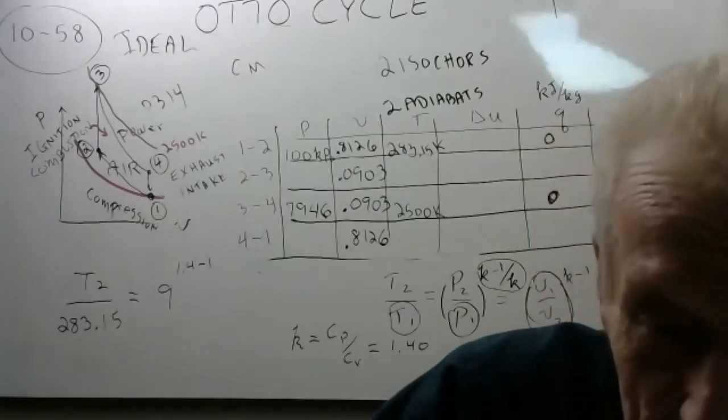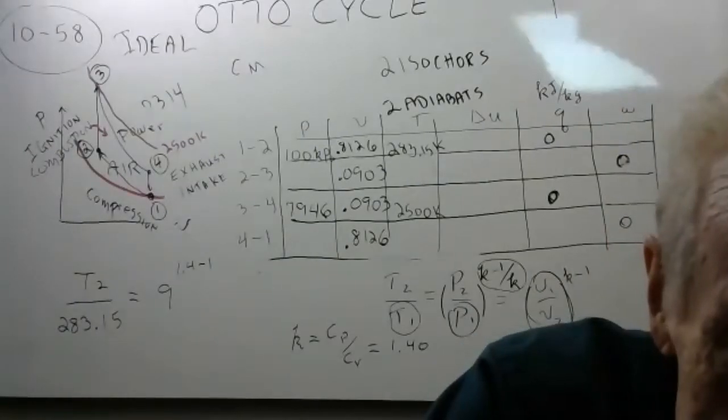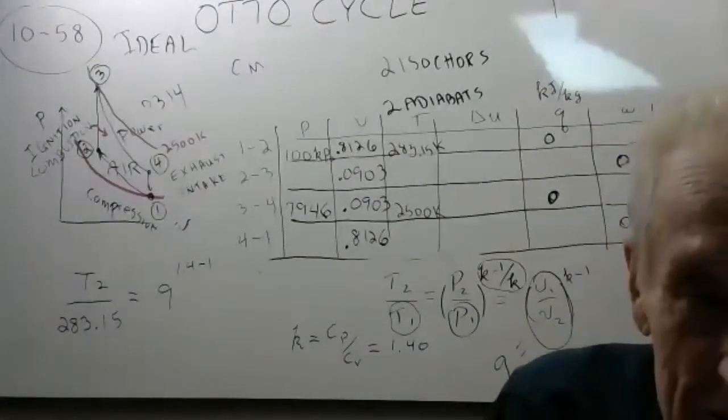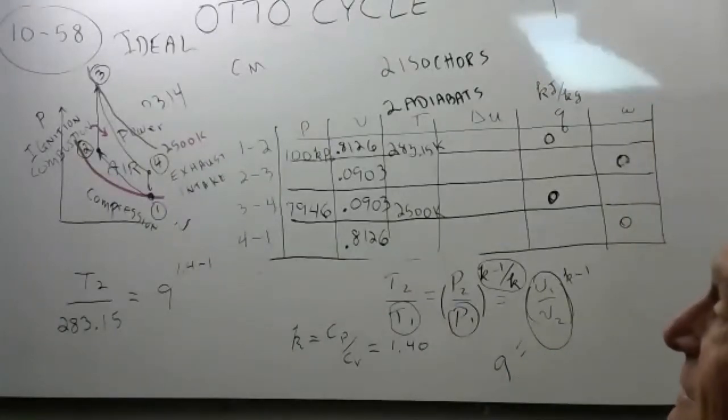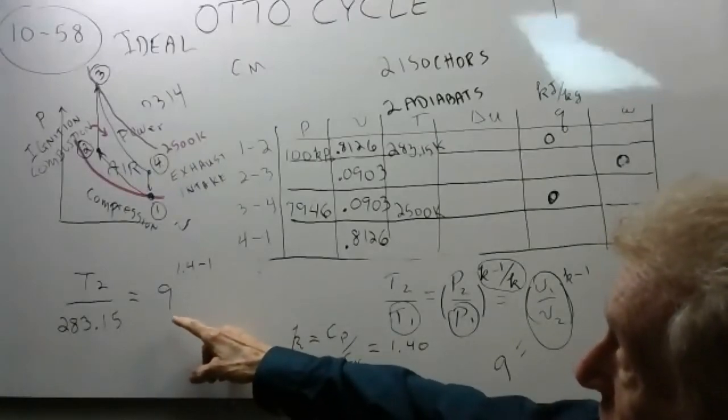Hey, I've got it. I've got what T2 is. I think I called on Stuart the last time. I'm always picking on Stuart. Spencer, have you got the T2 yet on this here, Spencer?